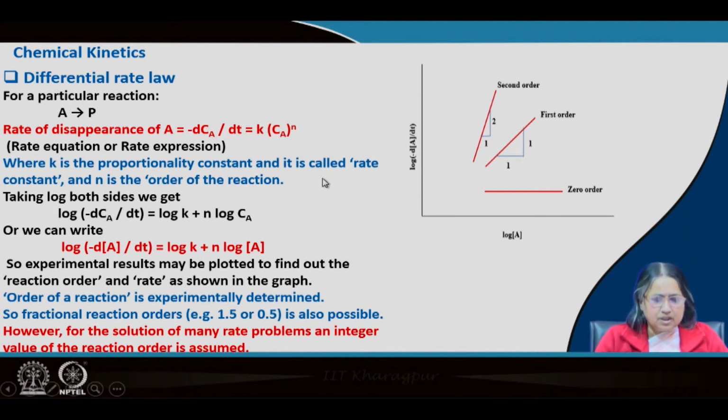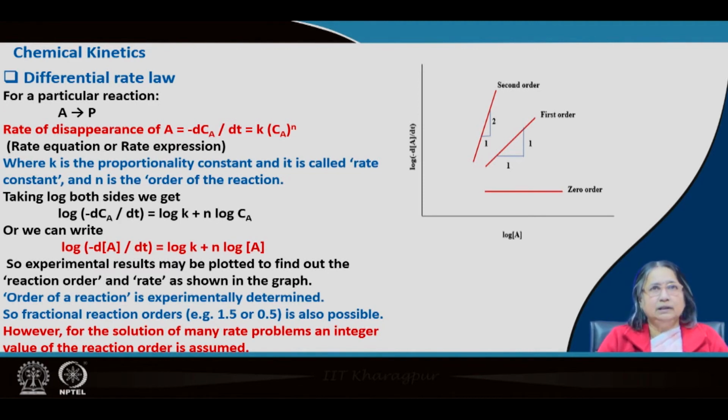And depending on the order of the reaction, the unit of K will change, but the unit of rate is the same. This is the change of concentration per unit time. If you express the concentration in moles per liter and time in seconds, then it will be moles per liter per second.